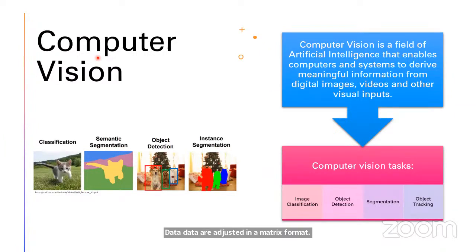For example, the image will have some resolution, say 800 cross 800 pixels, where the pixels represent the number of rows and columns. So 800 cross 800 means the image is a matrix of 800 rows and 800 columns of data points.